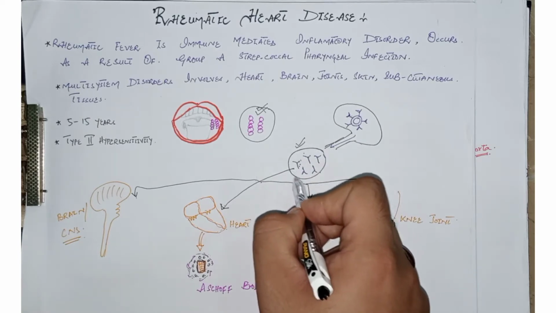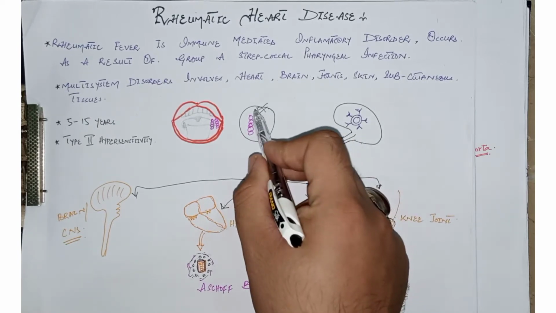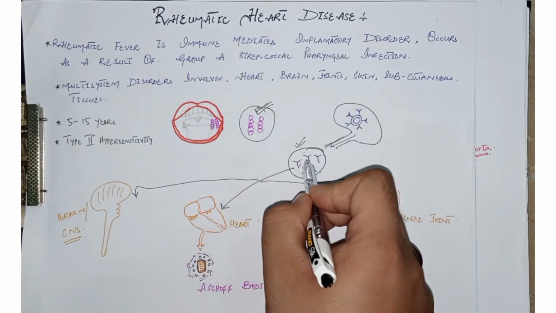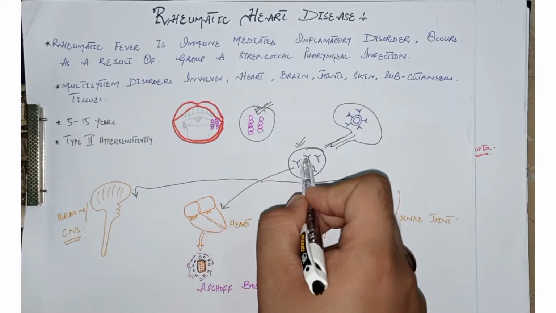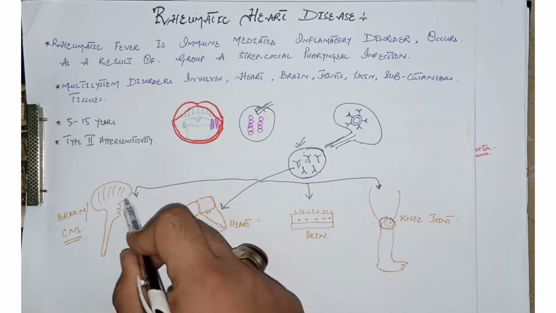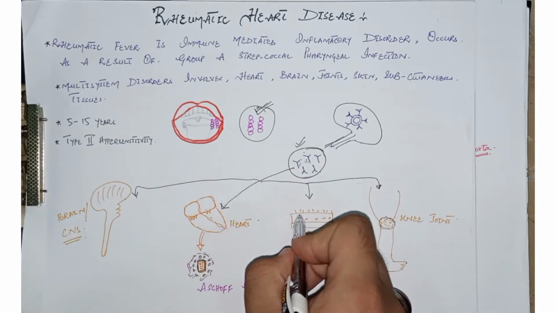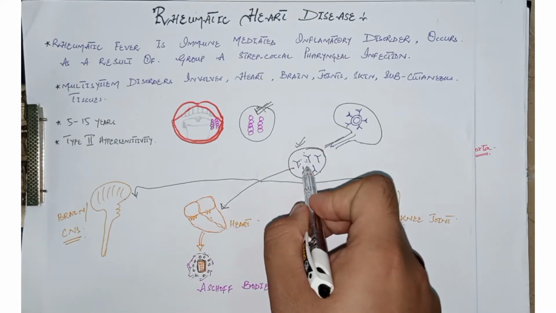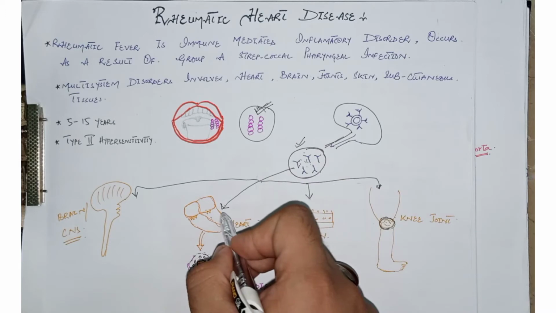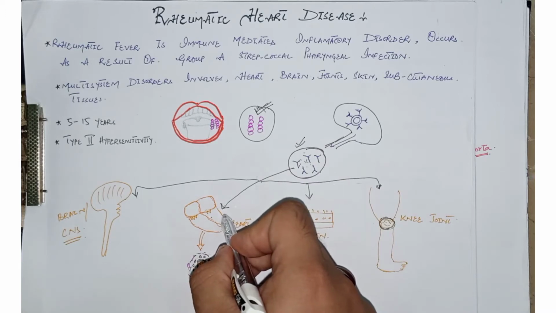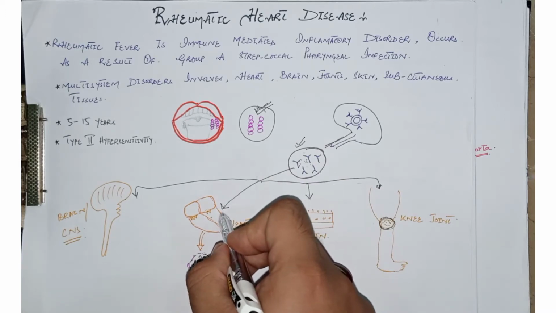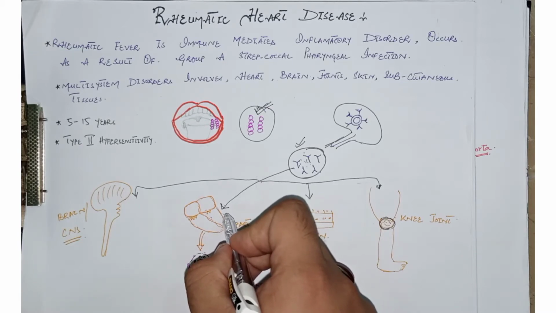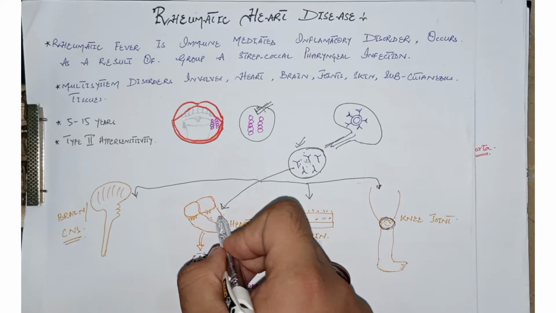As a result, antibodies are formed against the antigens of these bacteria, but unfortunately these antibodies cross react with the normal tissues of the body like brain, heart, skin and subcutaneous tissues, and large joints of the body. When these antibodies cross react with the sarcolemma membrane of the myocardium as well as the myosin filament of the myocardium, then due to the inflammatory process, damage to the myocardium occurs.